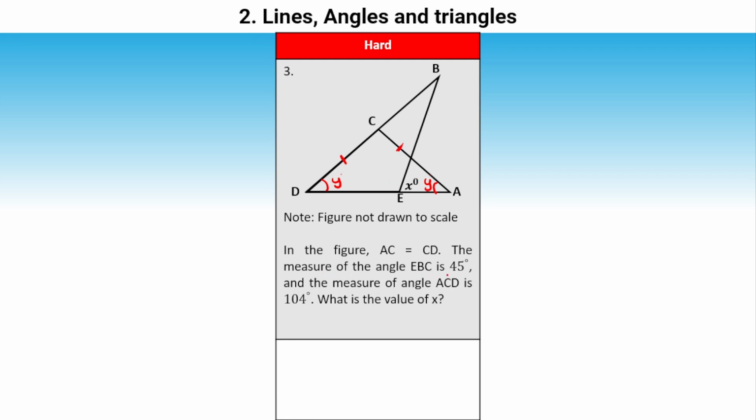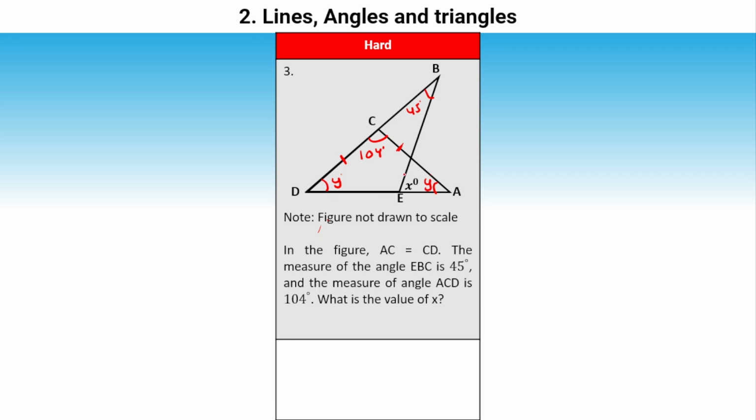And the measure of angle EBC is 45 degrees, so this angle is 45 degrees. And the measure of angle ACD, this one, is 104 degrees. What is the value of x?